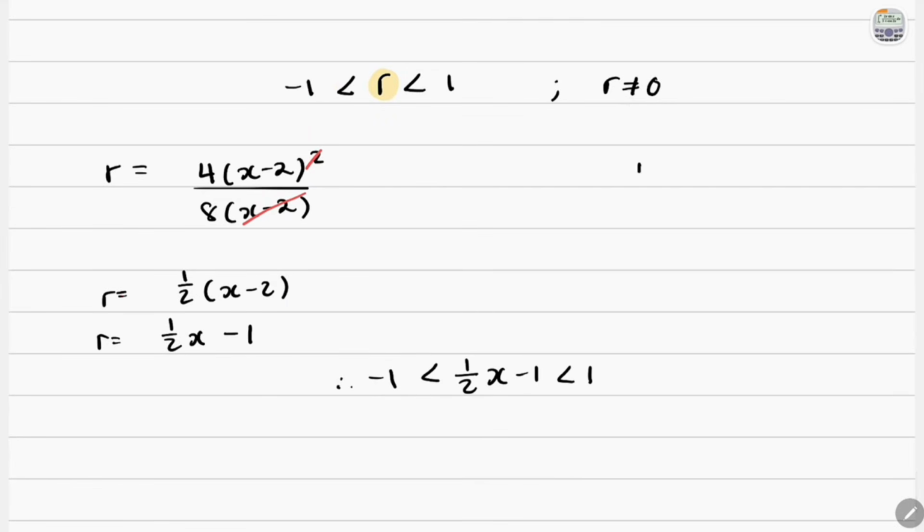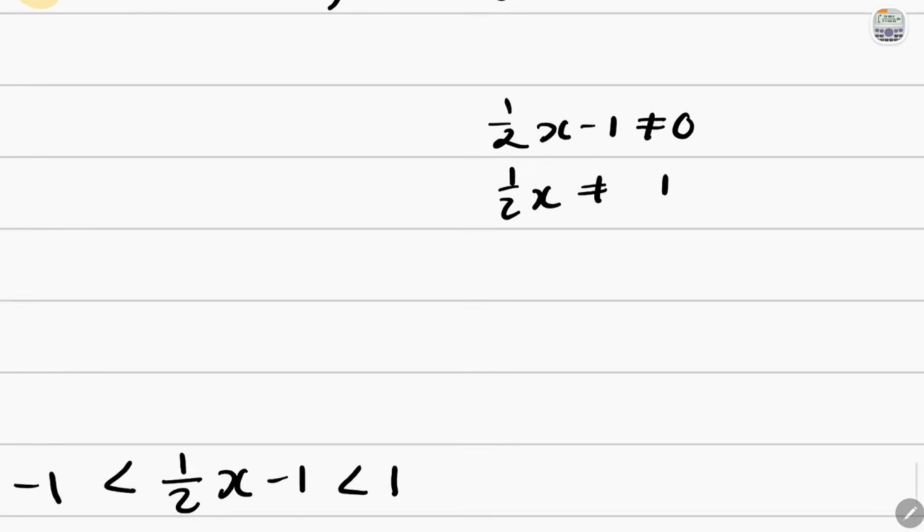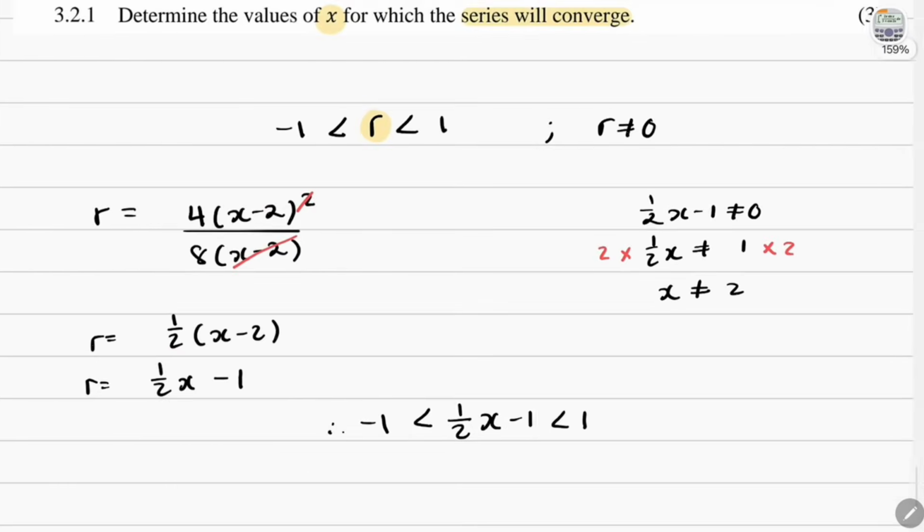So we're saying a half x minus 1 should not be equal to 0. If you transpose the 1, a half x should not be equal to 1. Then multiply both sides by 2, and x should simply not be equal to 2.